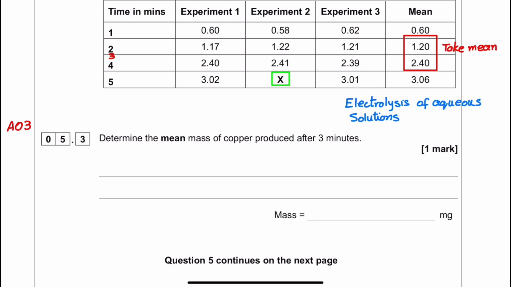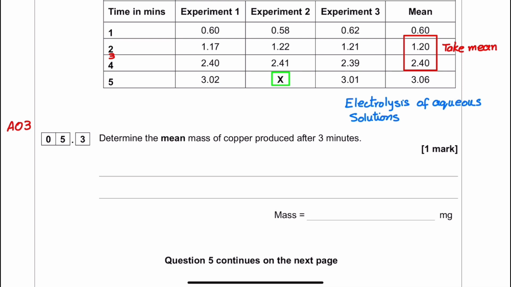So after 3 minutes, it means that the 3 is not given here, and 3 is after 2 and before 4. So we need to take the mean value of the mass produced at 2 minutes and mass produced at 4 minutes.